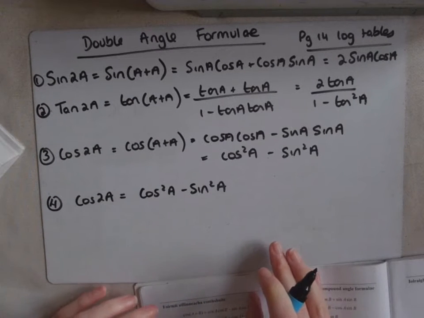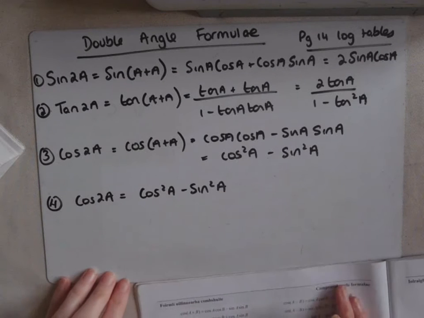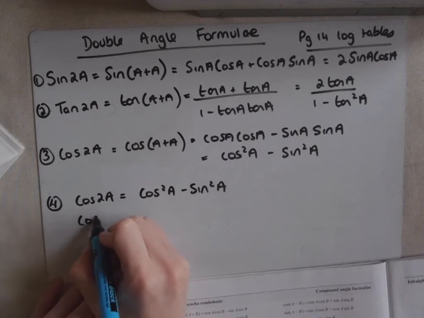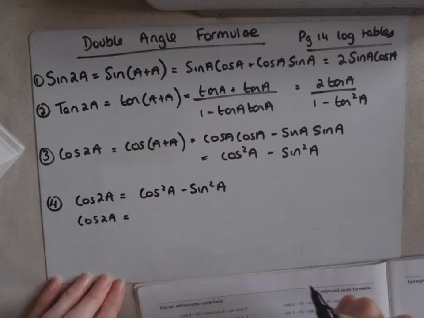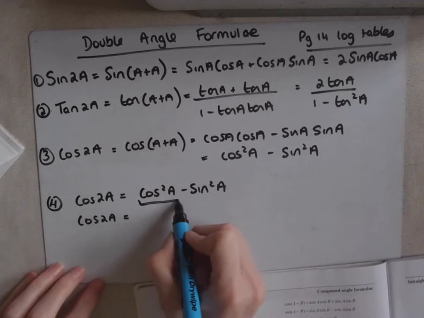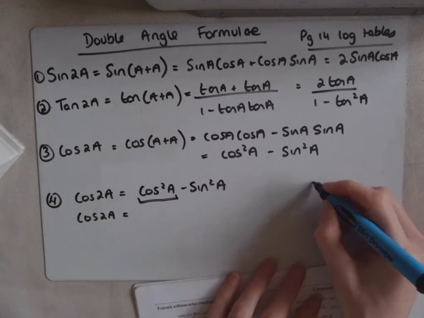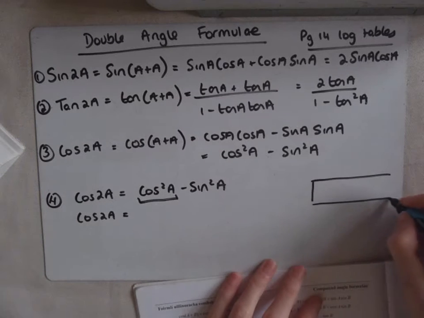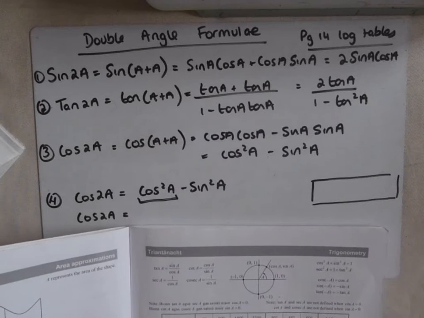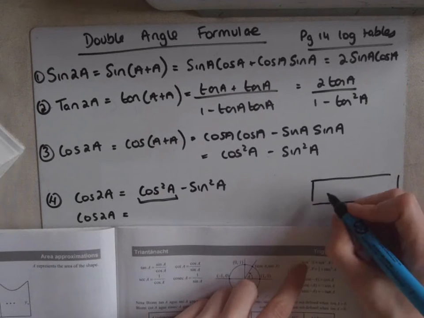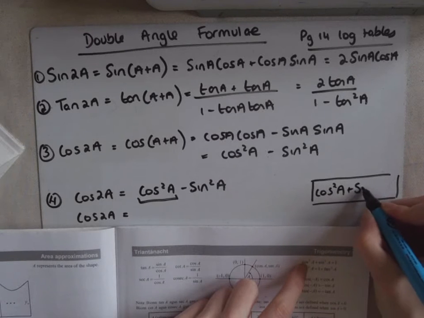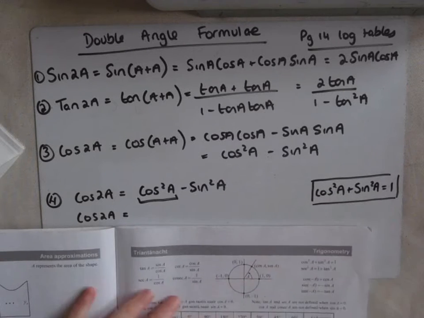Now, do you remember what cos squared A is, or another way I can write cos squared A? If you go back to page 13 in your log tables, you've got this really important one. Yeah, excellent. Cos squared A plus sine squared A is 1.